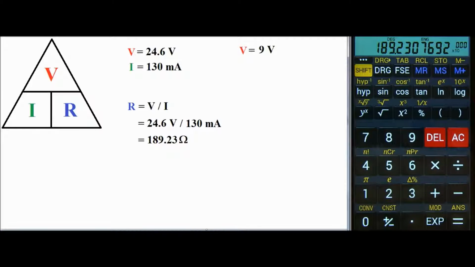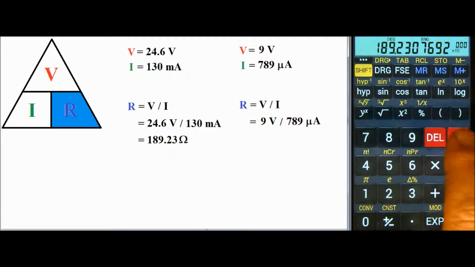We have a voltage of 9 volts and a current of 789 microamps. So again, we cover up R, and R is equal to V divided by I. My voltage is 9 volts, and my current is only 789 microamps.